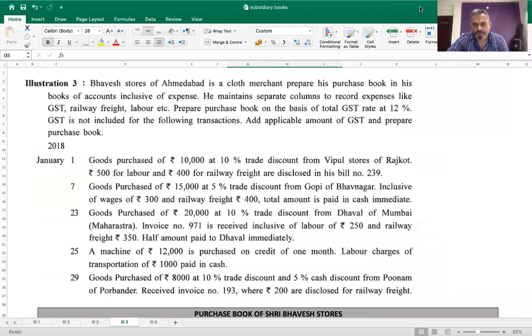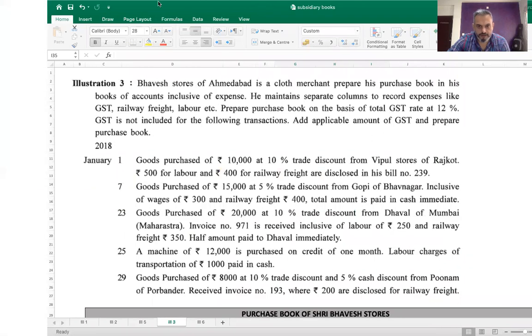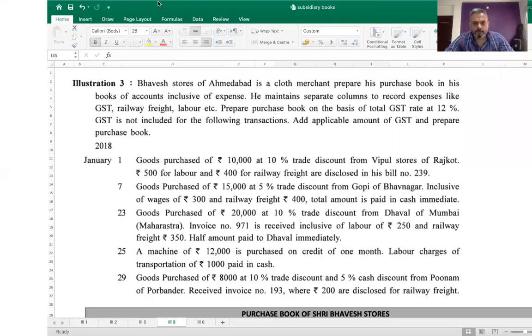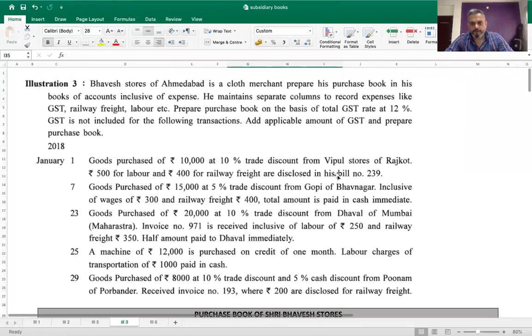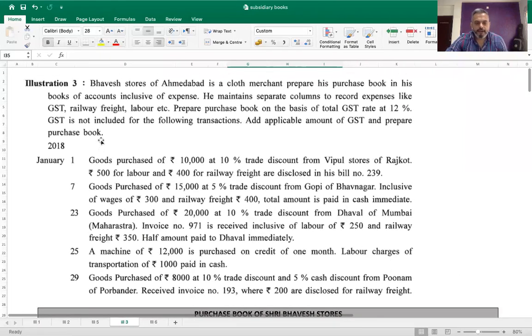Let's read the question. Illustration 3. Bhavesh Stores of Ahmedabad is a cloth merchant.